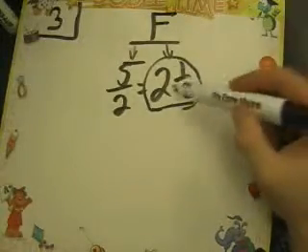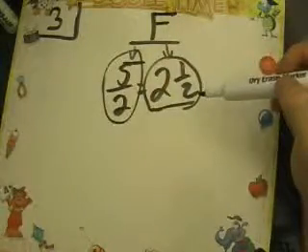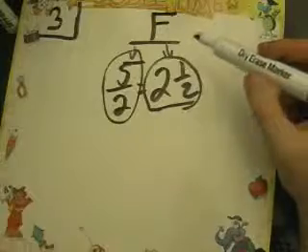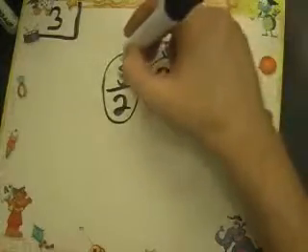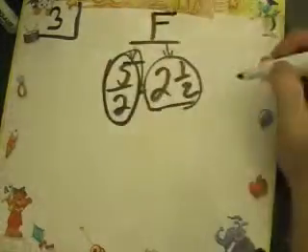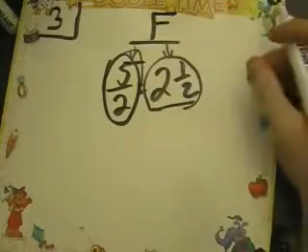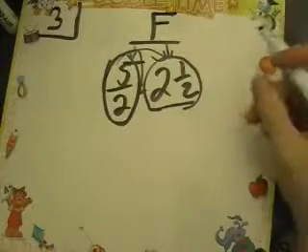Now, when you're converting back to an improper fraction, which is very rarely going to happen, most of the time in math, 90% of the time, you're going to be converting improper fraction amounts that you get during the course of solving a problem into mixed numerals to state as your answer.